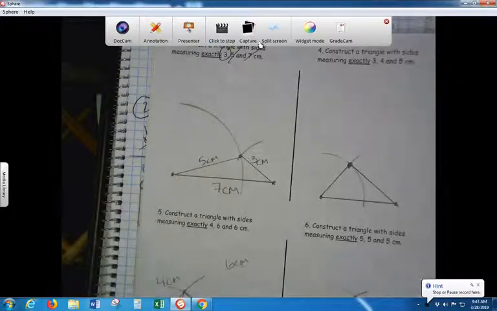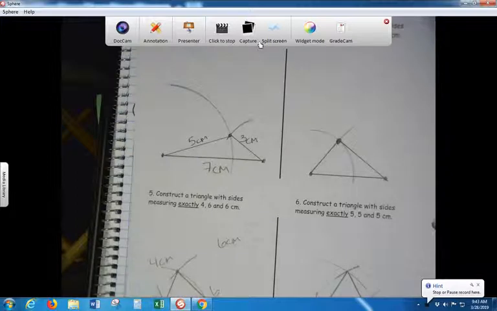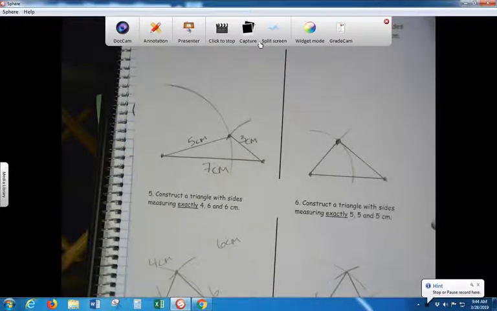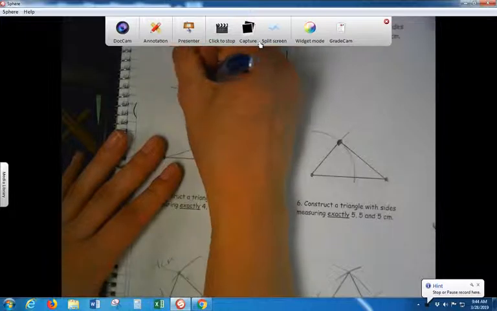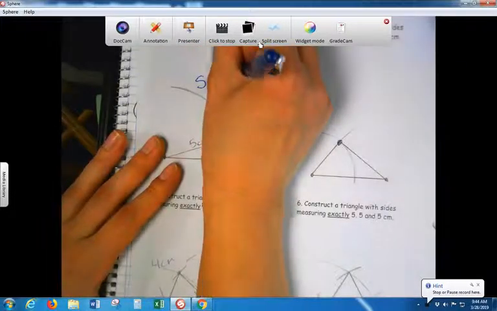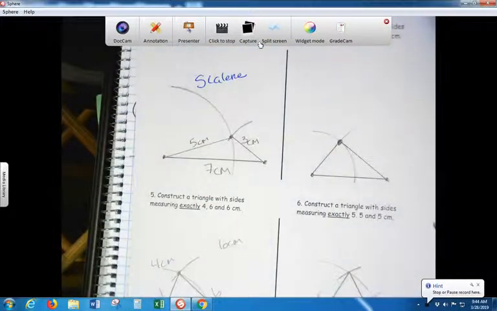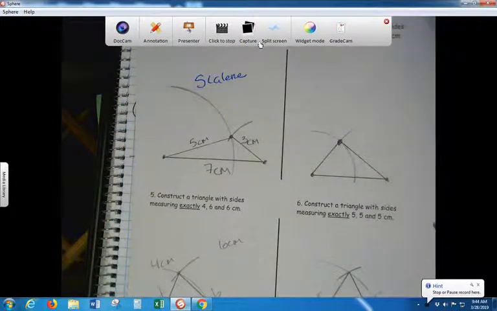Page 2. Let's look at number 3 first. Look at the sides. Any equal sides? No. What do we call it? Scalene. So let's write that down. Scalene. Now let's give it a last name based on the angles. What is this?